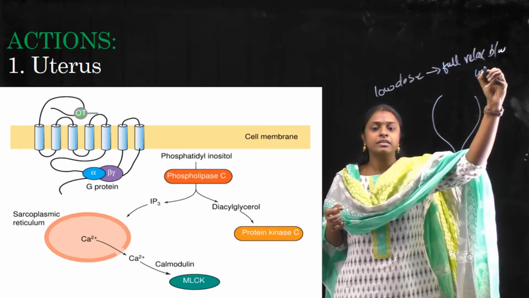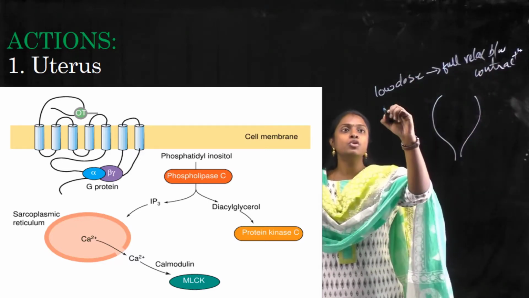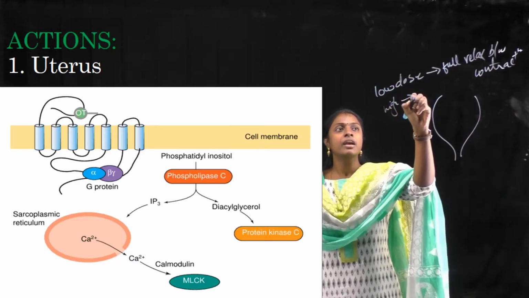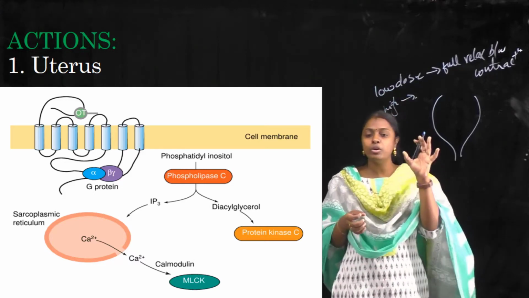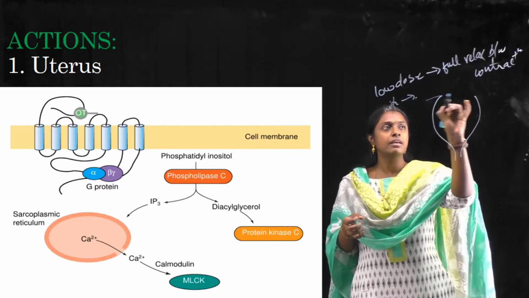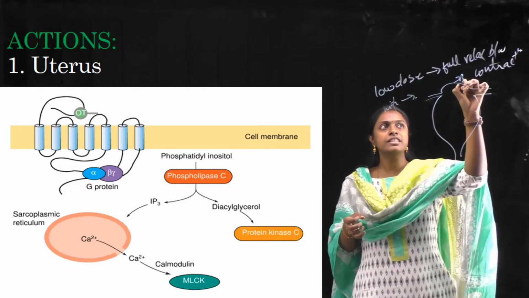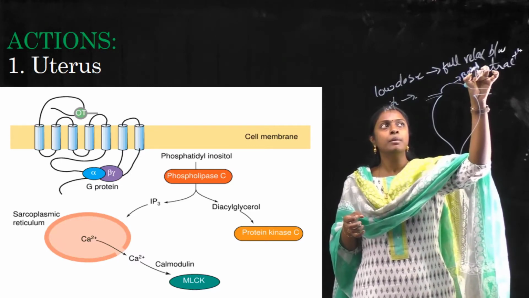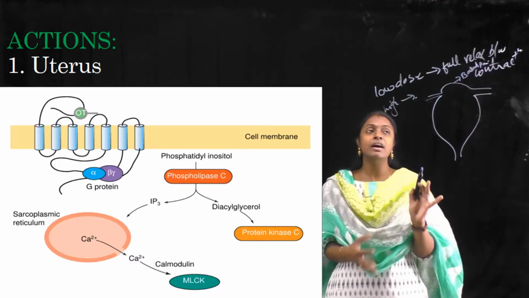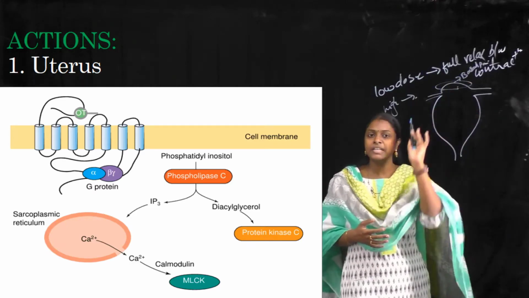When it comes to high dosages, this will contract only near the basal membrane, which is the fundus. This is the basal part. When I am giving the drug in high dosages, it will show the effect only near the basal area.